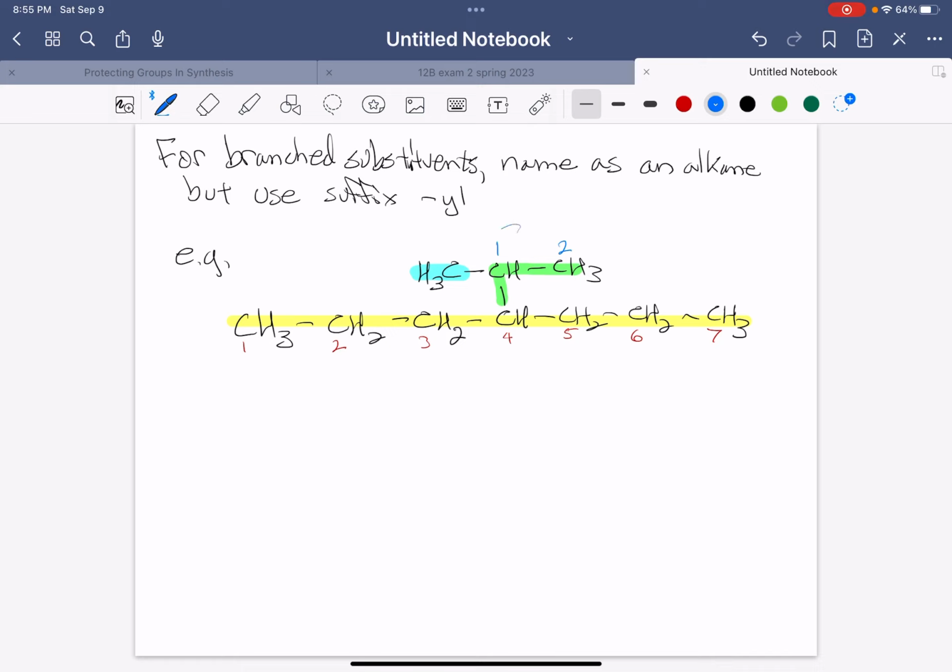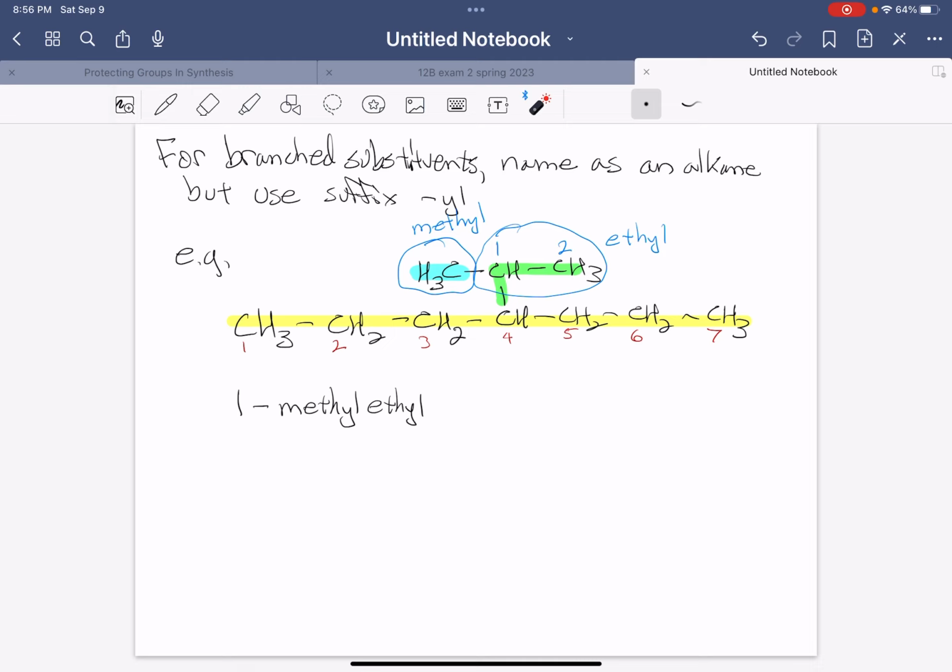So this here is an ethyl group, but it has an attached methyl group. So we would call that group 1-methylethyl.